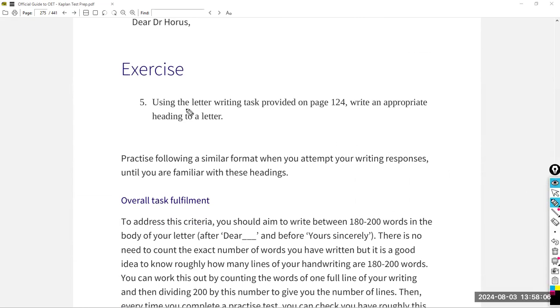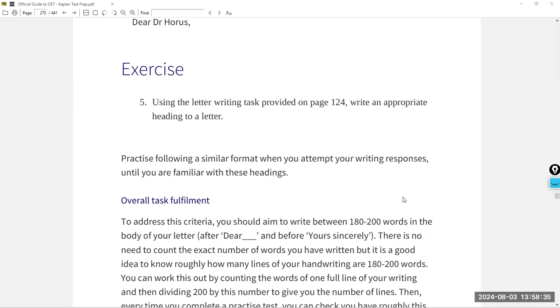Now, using the letter task provided on page 124, I have to write an appropriate heading to a letter. Now, guys, for the same 2 pages that I mentioned concerning the tasks and case notes, try to write headings to the letter that I mentioned.